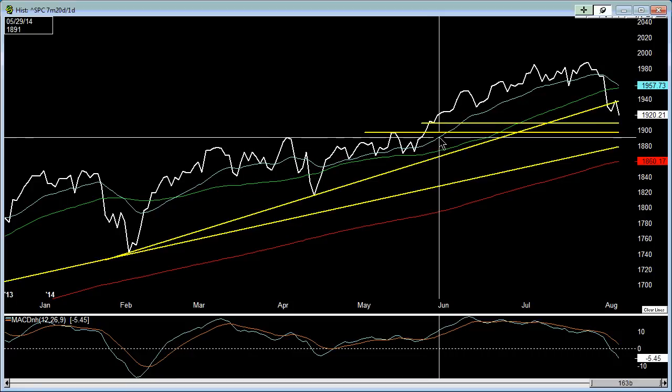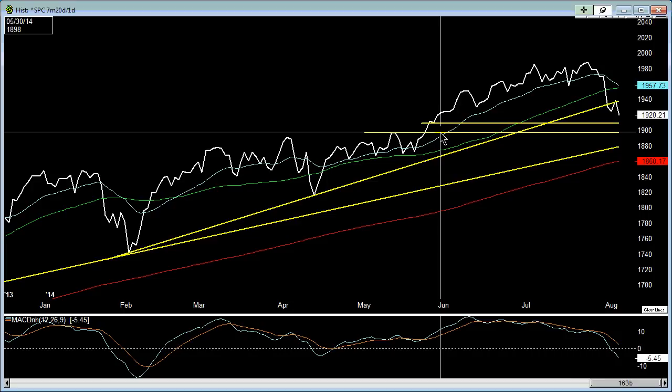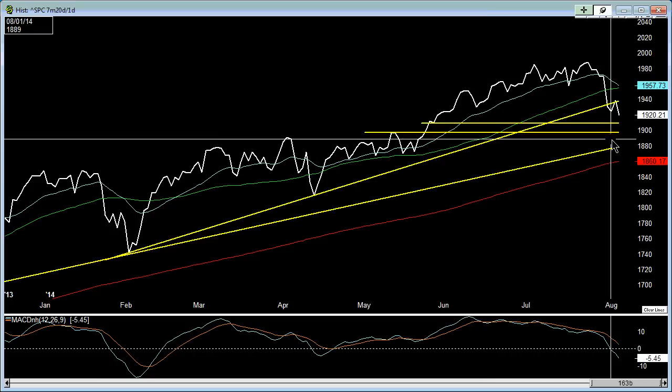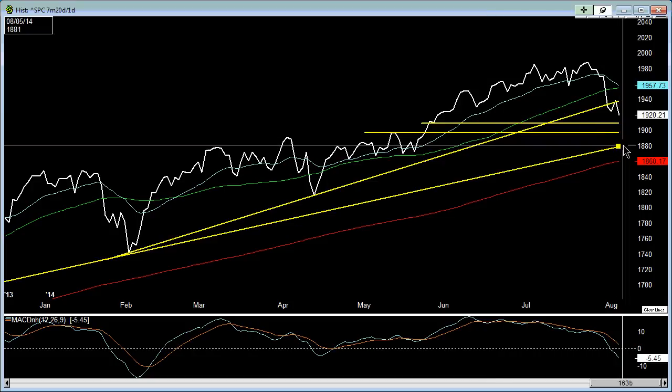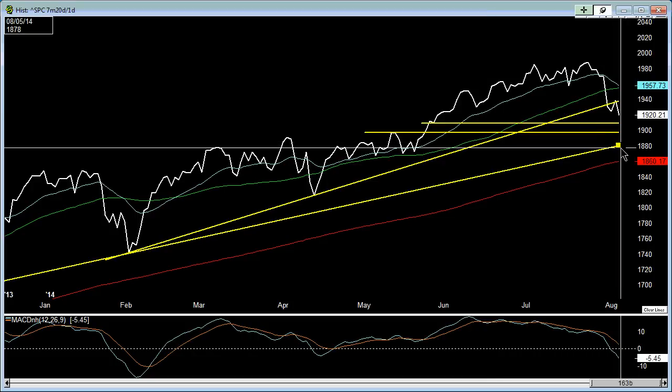We're still looking at under this 1900, basically the 1898, 1897 level, as a primary support for it to come down and tag before we really get some kind of bounce. It could also be a confluence close to this particular trend line coming up.